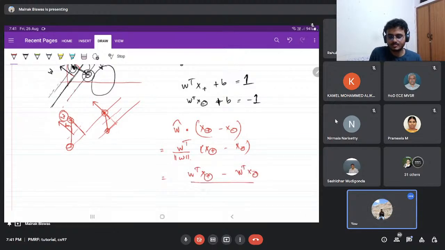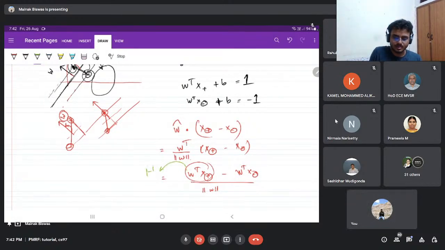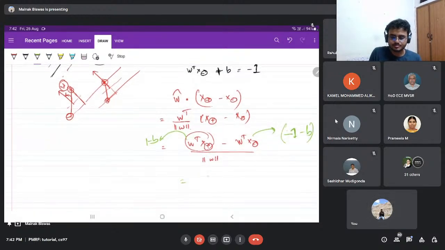What is this value? W transpose x plus is 1 minus b, and w transpose x minus is minus 1 minus b. The b's cancel out, so it is 2 by norm w.